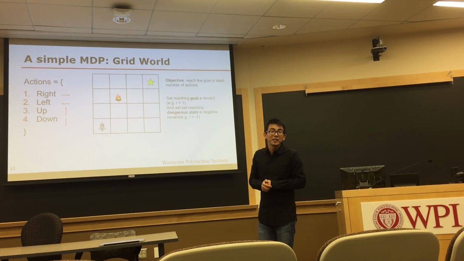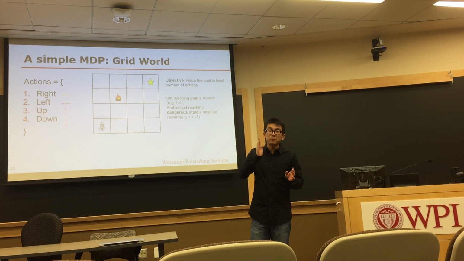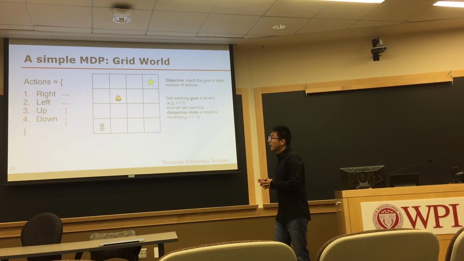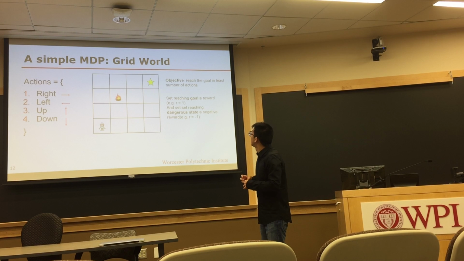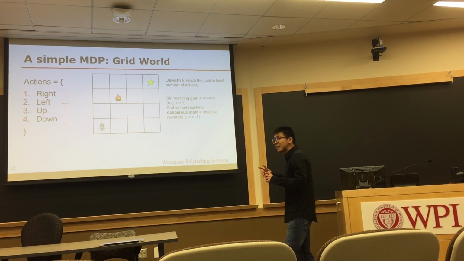The robot can go right, left, up, or down. Only 4 actions. And the objective is to reach the goal in the least number of actions.